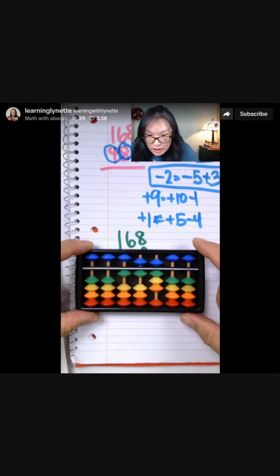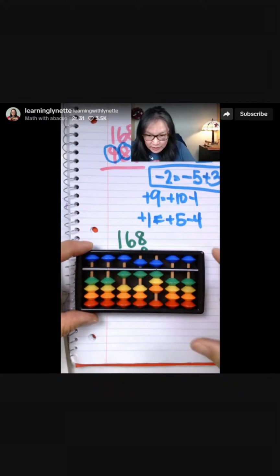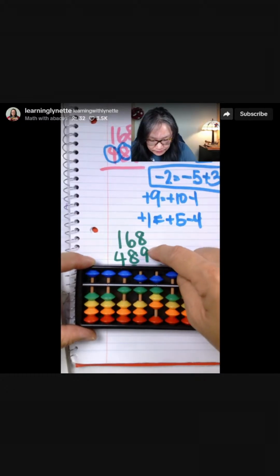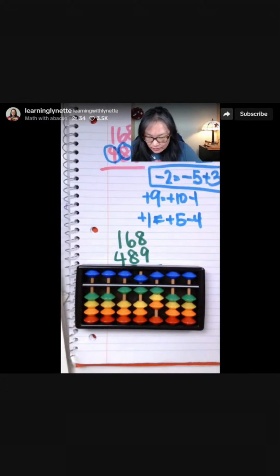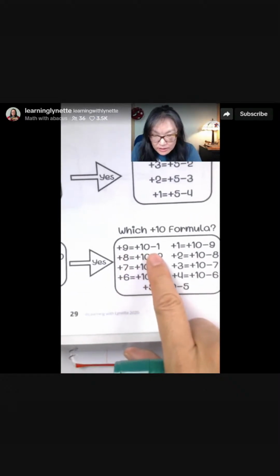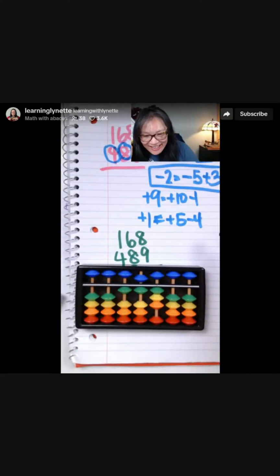Okay? So we'll add the 9. What is our formula to add the 9? Add the 9 is plus the 10 minus the 1. Thank you, I appreciate that.